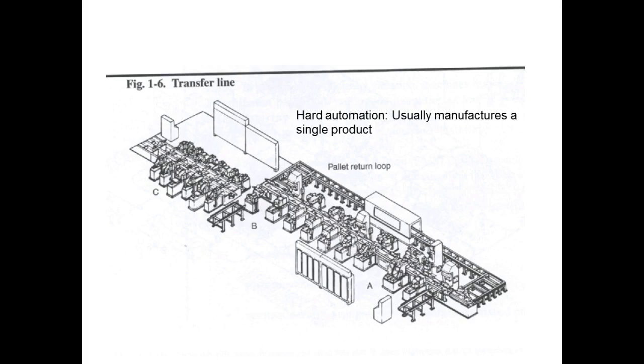So, transfer line. A transfer line usually uses hard automation, but usually it uses some automated device to move the part between the sections of the line.